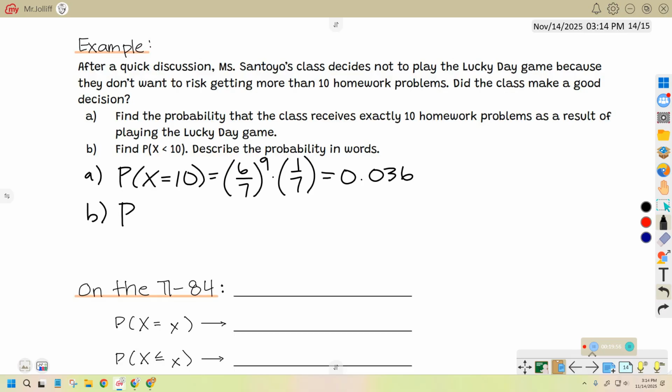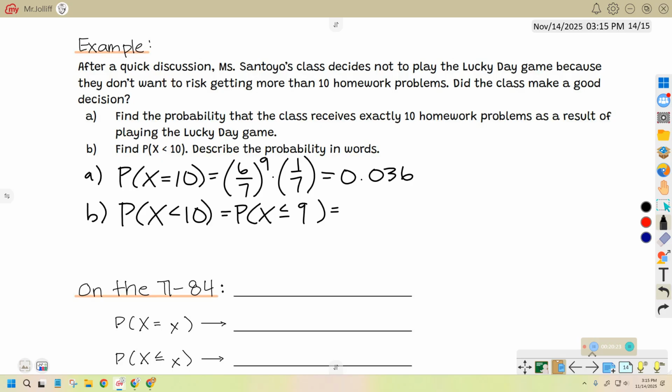So B is saying find P(X < 10). I'm going to rewrite that in terms of a less than or equal to. If I want all of the numbers less than 10, what is the biggest number included? 9. So this is less than or equal to 9.